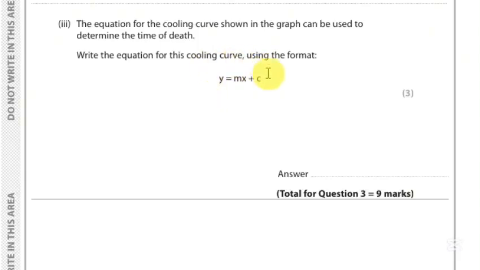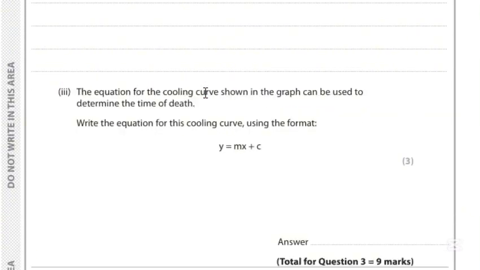So we need to calculate the gradient first. The formula of gradient is y2 minus y1 divided by x2 minus x1. It's a basic math formula, so we need to remember these types of formulas, even though these types of questions are not really common.